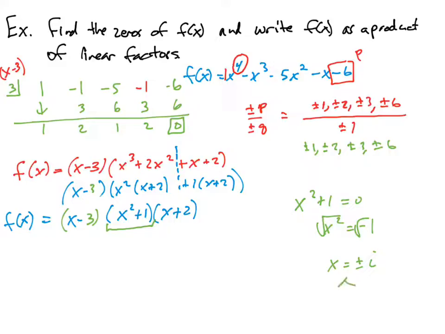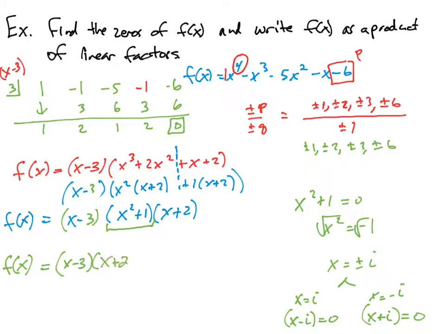And then we can take each of these and write them as factors. So x minus i is a factor and x plus i is a factor. So writing this function as linear factors, we're going to have x minus 3, x plus 2, and then x minus i, x plus i. So those are the linear factors.